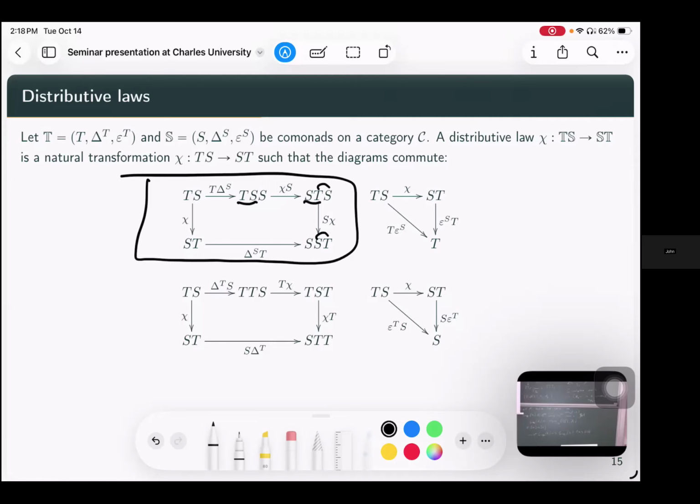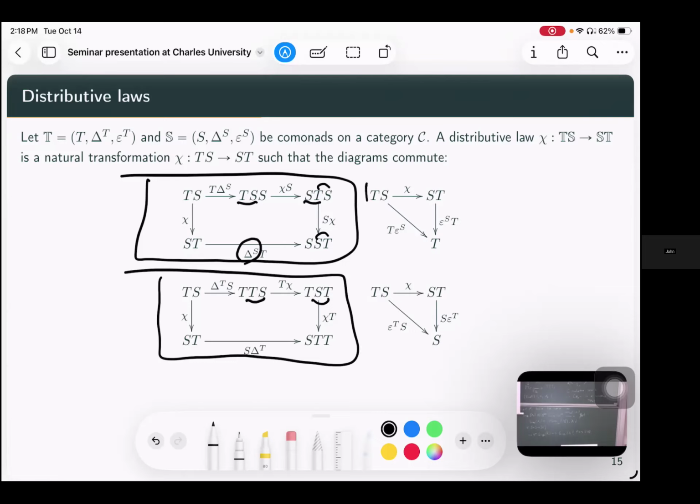And then we can go back in the other direction, where first we apply the distributive law, and then we apply delta S. Here we would keep the S fixed whilst we work with the T. So here we apply the coproduct on T, and then here we apply the distributive law, and then we do that again. Then we can go back the other way, and this diagram must commute.